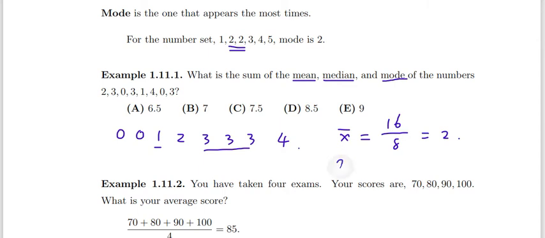And the median, we can denote as M. Let's say the median is here, between 2 and 3. So the median is 2.5, the average of those 2 numbers, 2 and 3. So 2.5. So what is the mode? The mode is 3, right? Okay, so the sum of them is just 2 plus 2.5 plus 3, right? Mean, median, and mode.